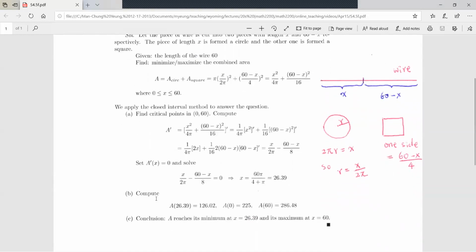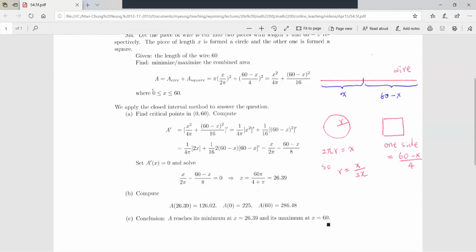Compute function values at the critical point and also at the two endpoints. This is the function. Now plug in 26.39 for x here, then we get the function value at that point is this number.